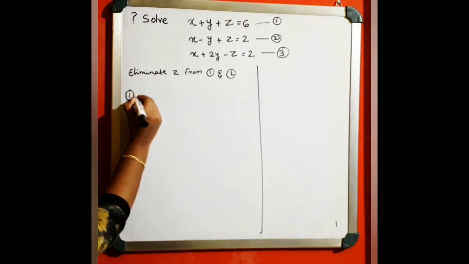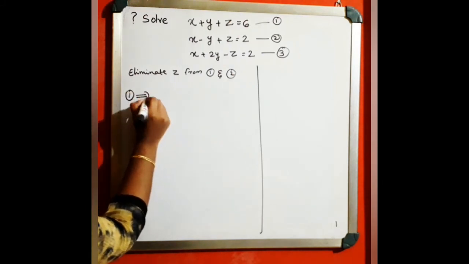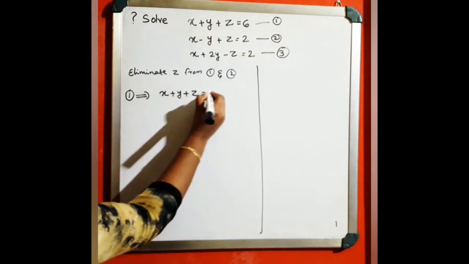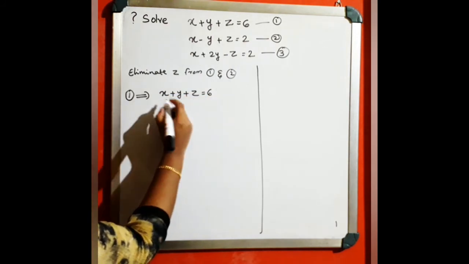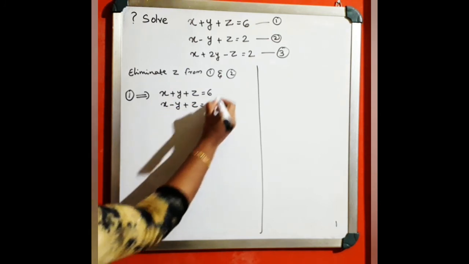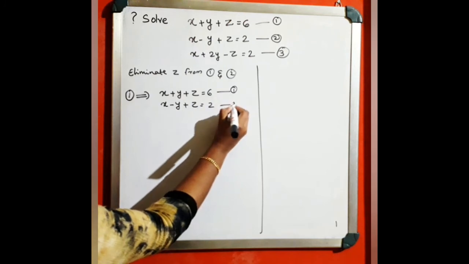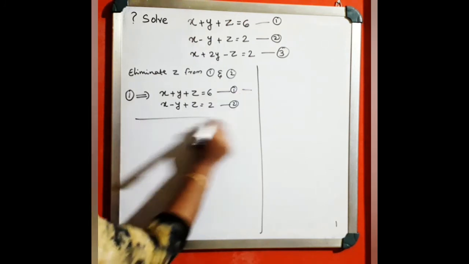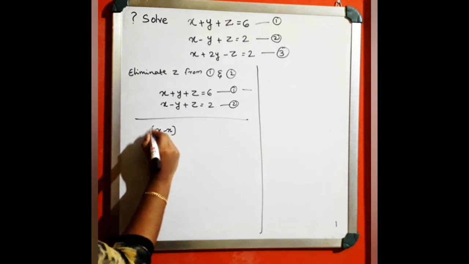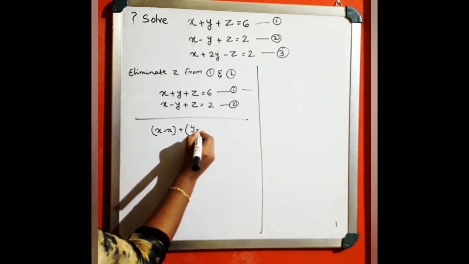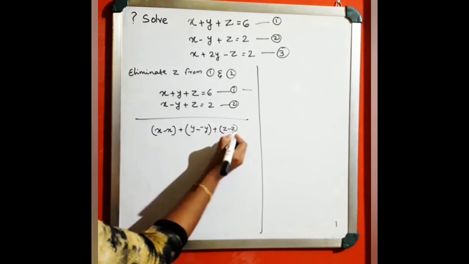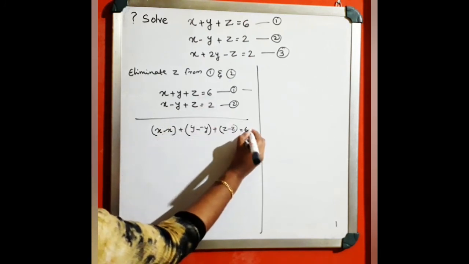So first equation is x plus y plus z is equal to 6 and the second equation is x minus y plus z is equal to 2. Just subtract this, we get x minus x plus y minus minus y plus z minus z is equal to 6 minus 2.